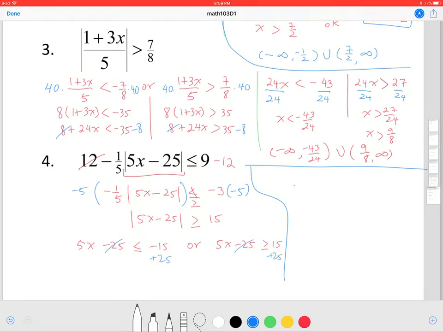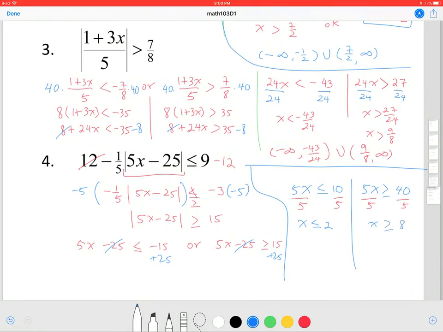What I have is 5x is less than or equal to 10, or 5x is greater than or equal to 40. Almost done here. Divide by 5. I have x is less than or equal to 2, or x is greater than or equal to 8.